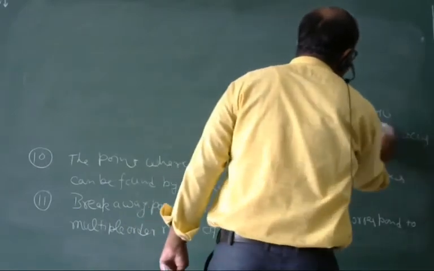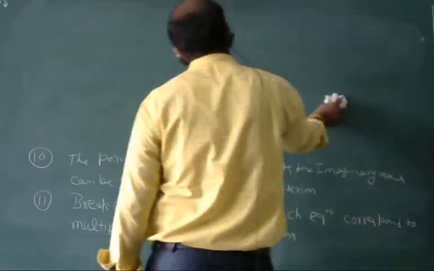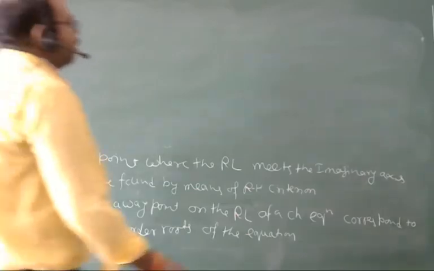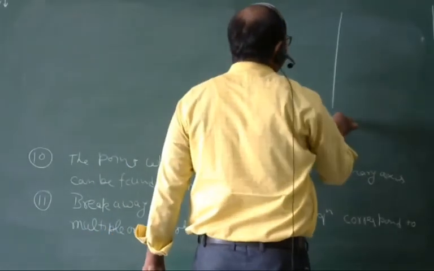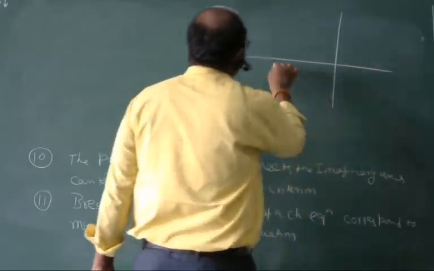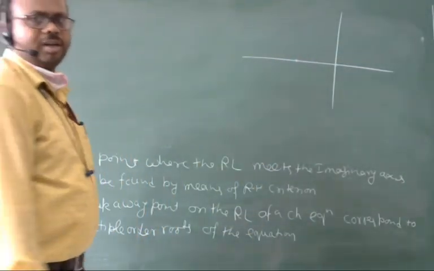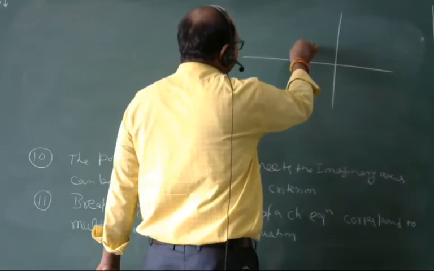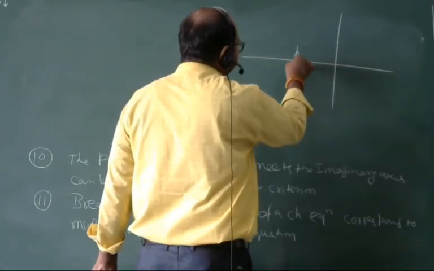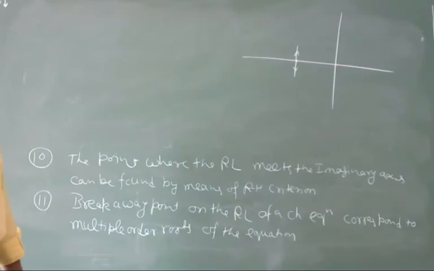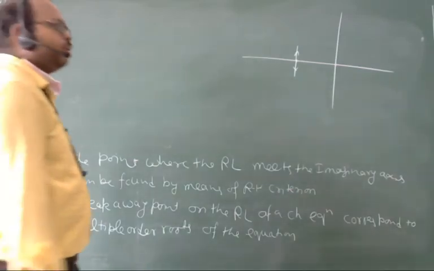The root locus branches break at the real axis and move away from that point. If this is a breakaway point, then two root locus branches will move away from this point.